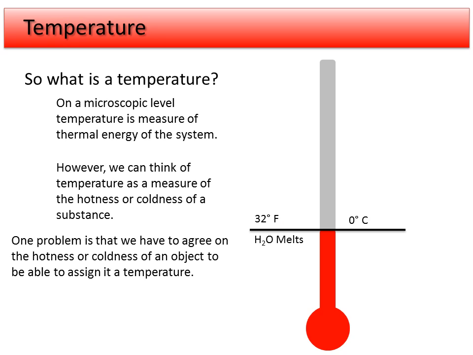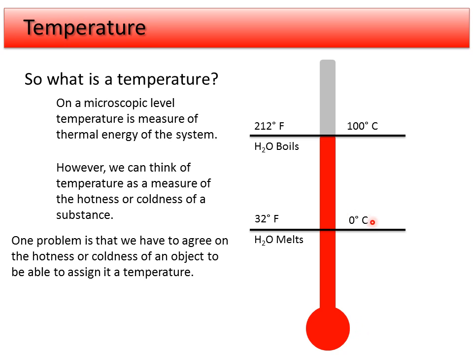There's a reason why that 32 comes about historically, and it's actually kind of an interesting story, but we'll leave that up to you to go find. Well, we need another thing. If we have one temperature, that's fine, but we need another one so we can properly put the tick marks on our thermometer. So we choose water boiling. Water boils at 100 degrees Celsius.